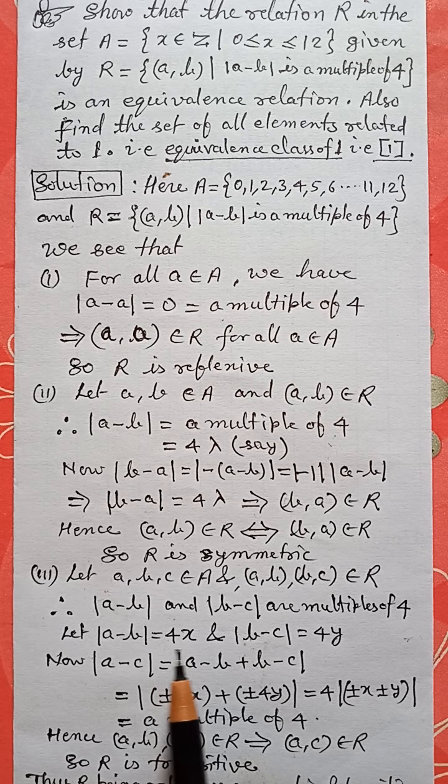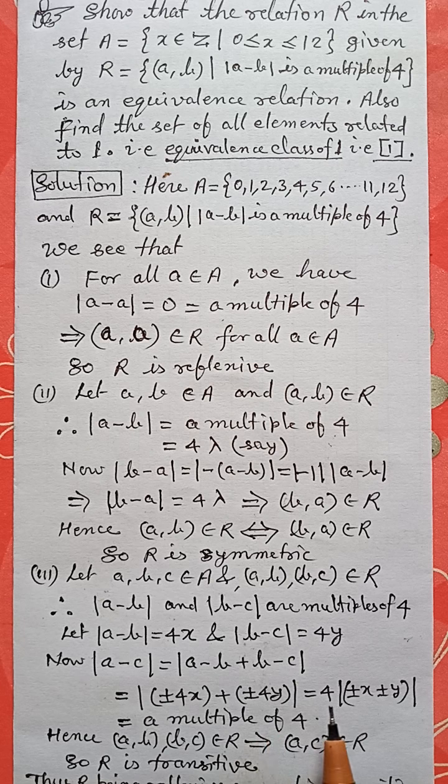Now, A minus B is taken to be 4x because it is a multiple of 4, and B minus C is taken to be 4y because it is also a multiple of 4. Now, here modulus of A minus B is equal to 4x. Therefore, A minus B must be equal to plus or minus 4x. Similarly, B minus C is equal to plus or minus 4y.